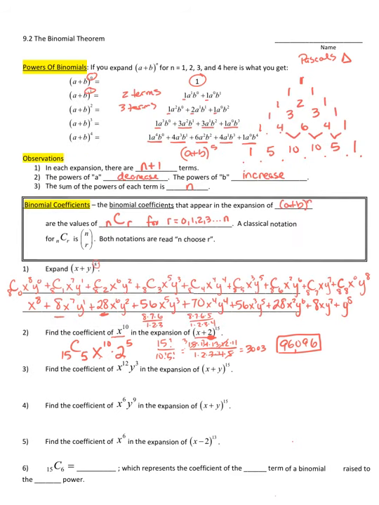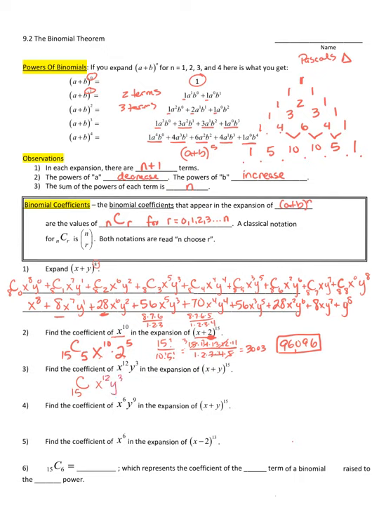So now we'll do the next one. We'll find the coefficient of x to the 12th, y to the 3rd in x plus y to the 15th. So we're again going to have the combination of 15 things, and the letters are going to be x to the 12th, y to the 3rd, they told us.